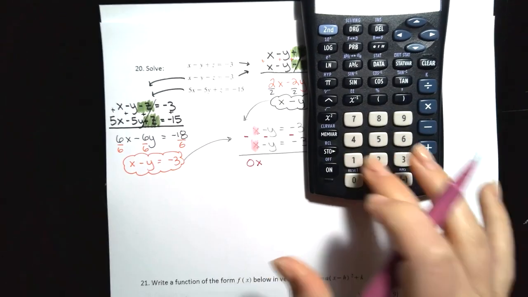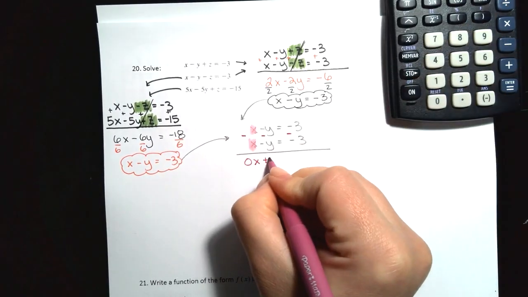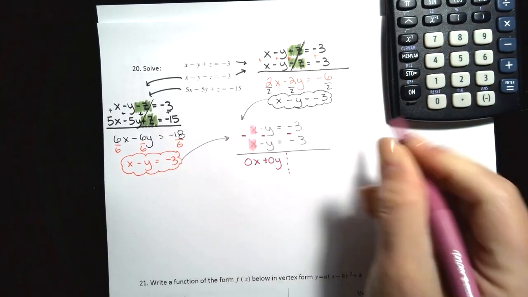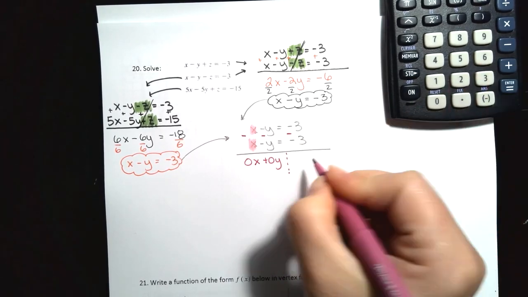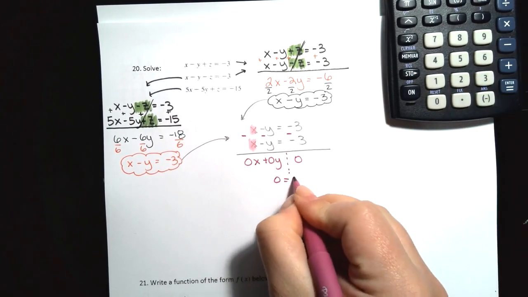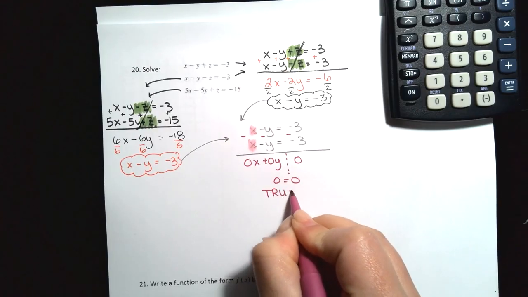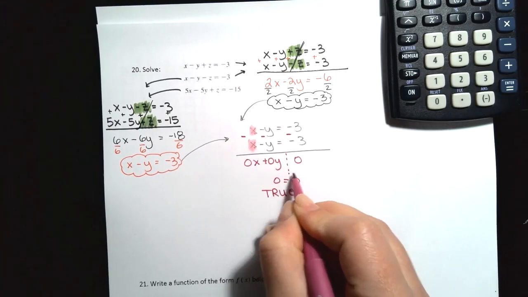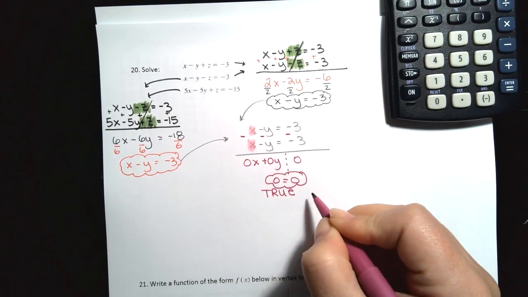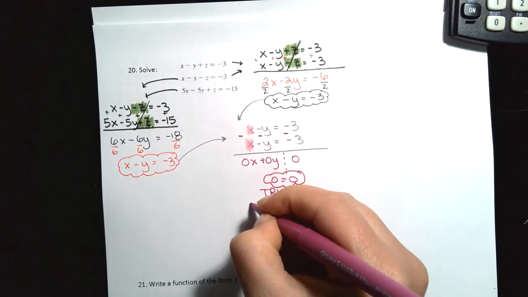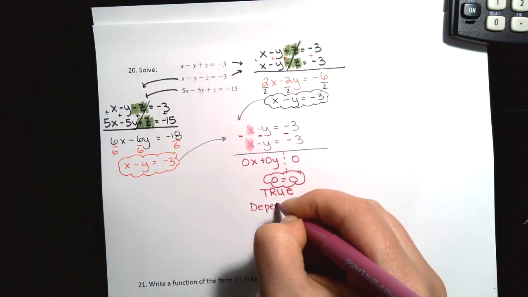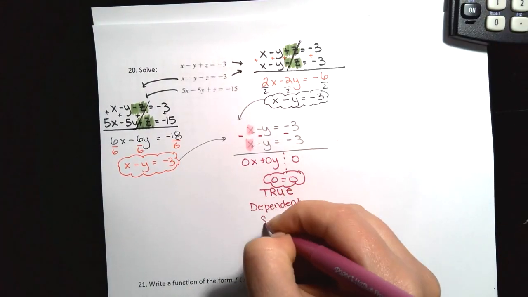Negative 1 minus a negative 1 is 0. Negative 3 minus a negative 3 is also 0. So we get 0 equals 0, which is an always true statement, which means you're not done. That means we're going to have dependent solutions.